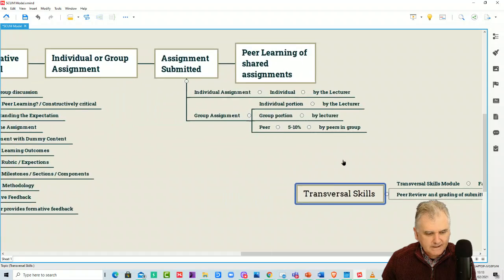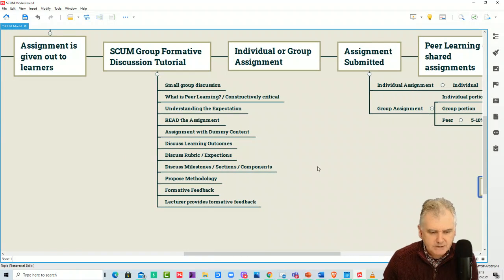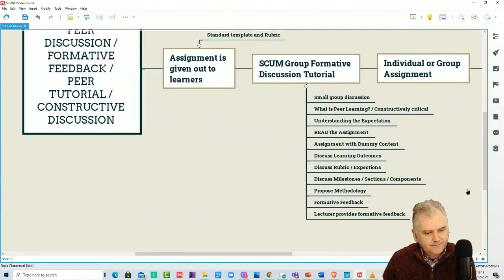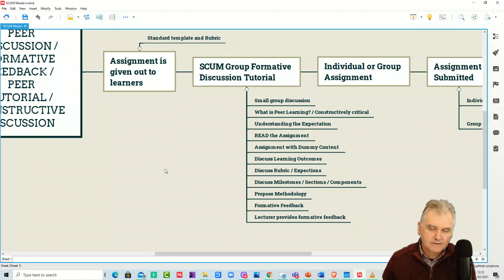So I suppose what we're saying here is the upshot of our Scrum model is that this could be a model that we would propose as a methodology, such that any time an assignment is given out, this is a good mechanism to allow people to have discussion, to allow peer tutorial and lecturer-led tutorial.